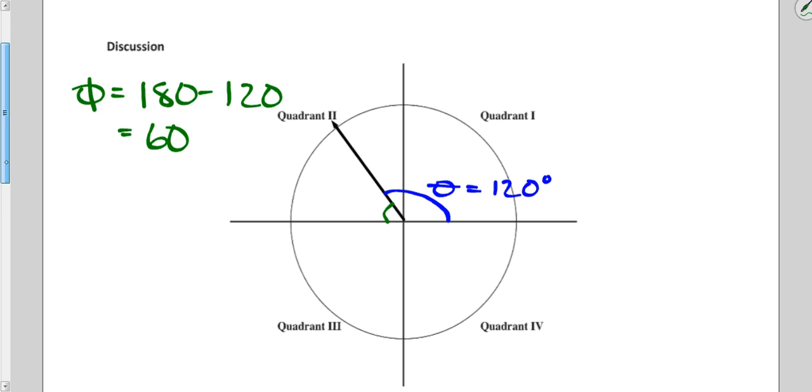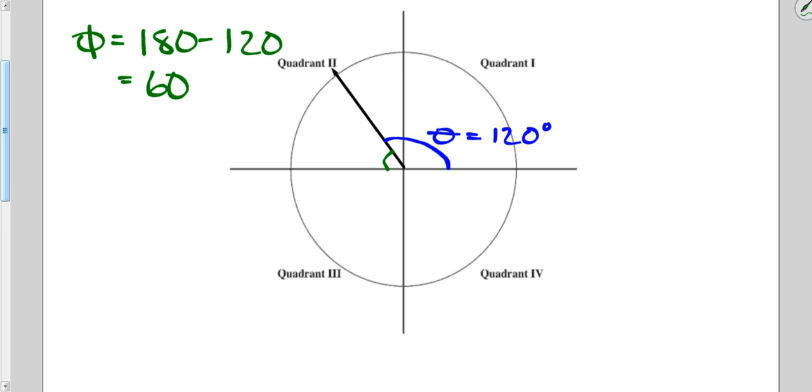But if the length of this ray is 1 and theta is 120, what is the length of x and what is the length of y?